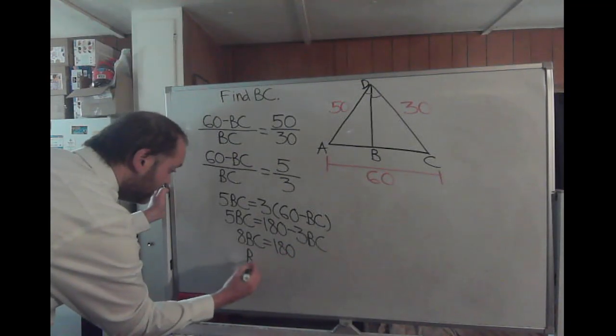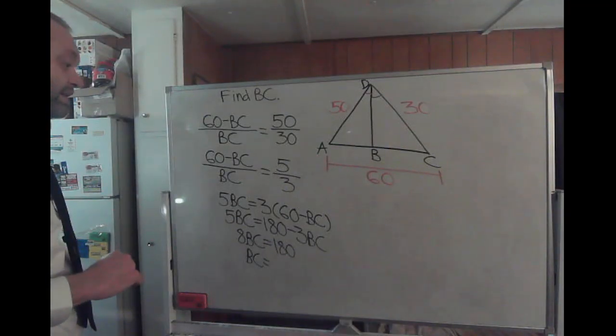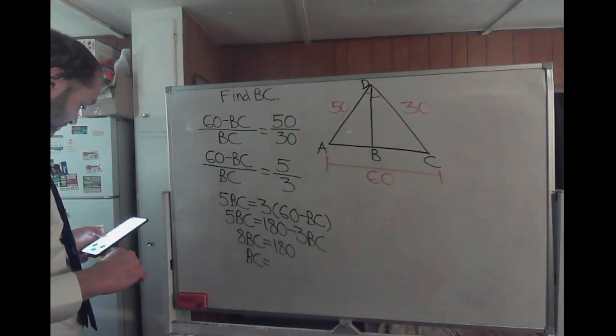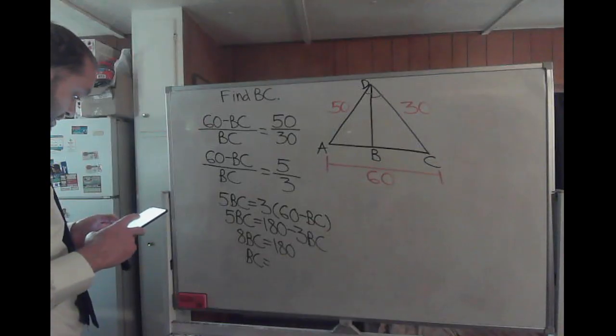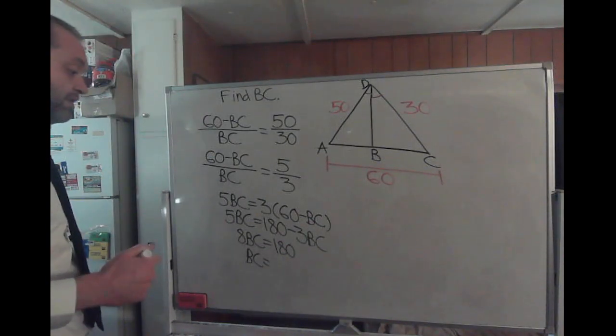Then BC is 180 divided by 8. I'm just going to do that one real quick on the calculator. That would give you 22.5.